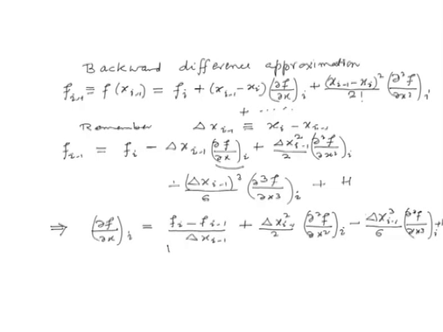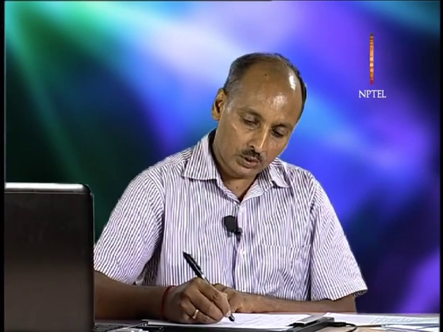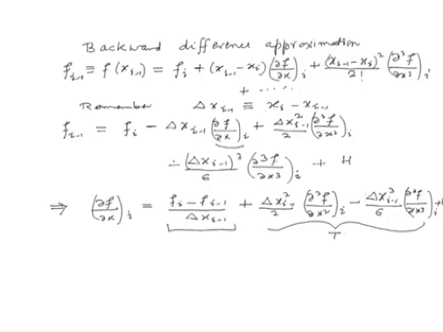So, we can retain this first term on the right hand side for our approximation of the derivative, and the remaining terms will become what we call our truncation error.